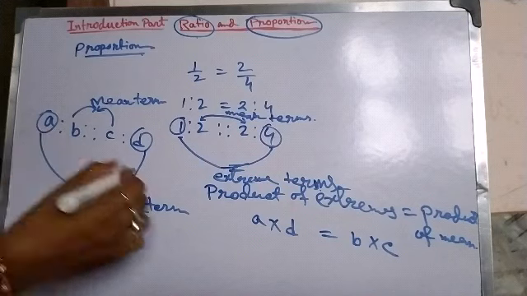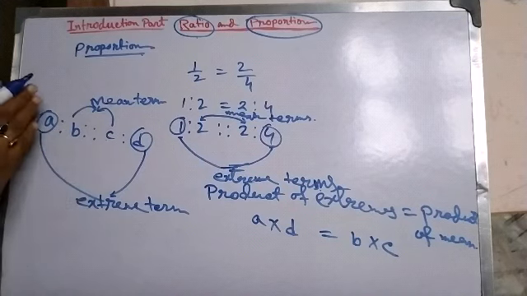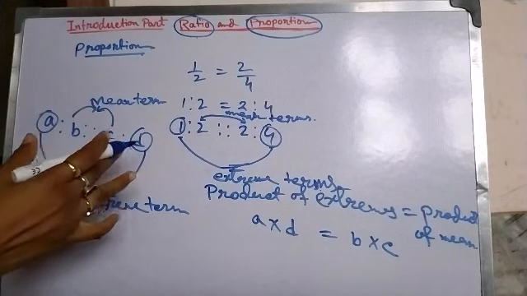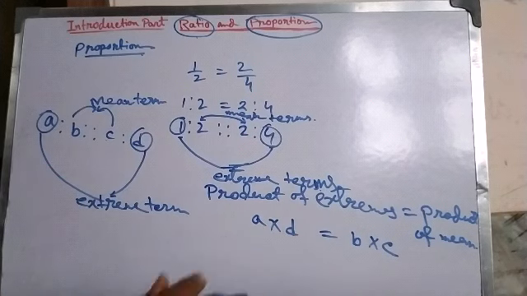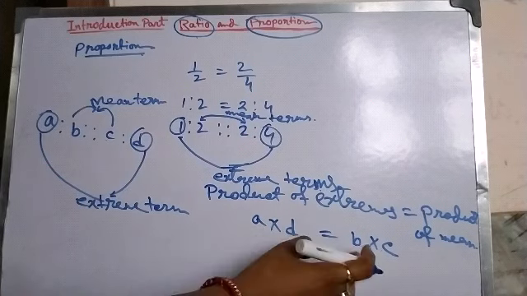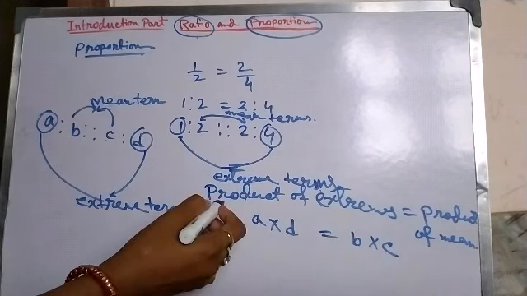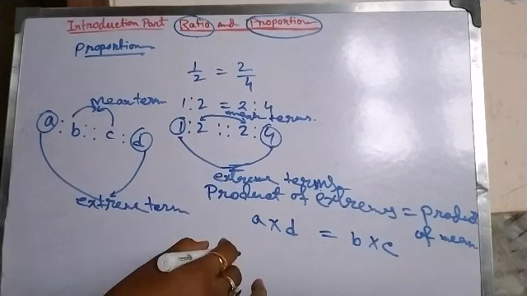If one term is missing, suppose A is missing here, then B, C and D will be given. Then how to find out A? First, this formula will be written, A into D equal to B into C, that is product of extremes equal to product of means. Every time we have to write this formula when we want to prove they are in proportion or not.